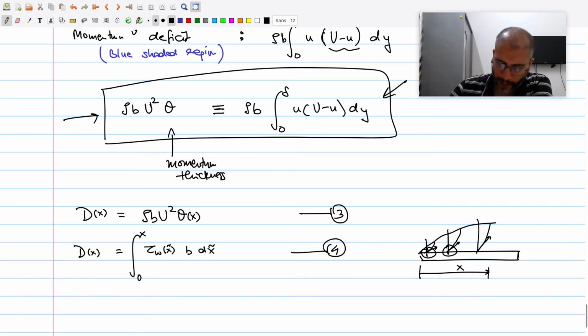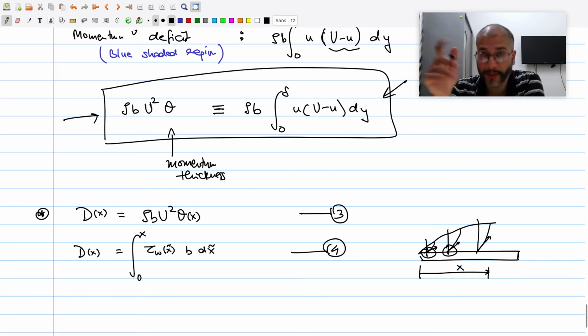So what we have done is get the drag expression in terms of the momentum thickness, which is in terms of the integral of the deficit in momentum from left to right. Because of the shear stresses, we get a velocity profile, and that profile results in a deficit of momentum.